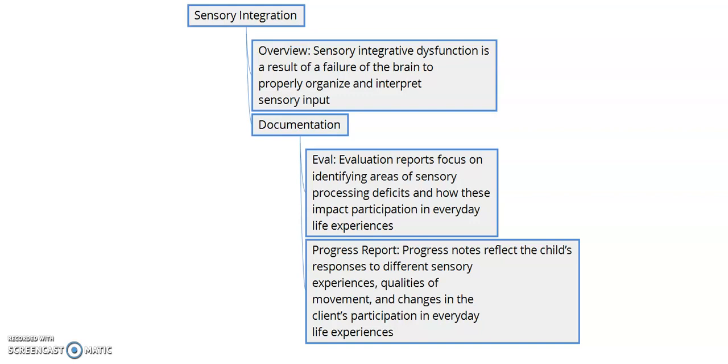When documenting under the sensory integration model, your evaluation report should focus on identifying areas of sensory processing deficits and how these impact participation in everyday activities. Your progress reports and goals should reflect the child's responses to different sensory experiences, qualities of movement, and changes in the client's participation in everyday life activities.